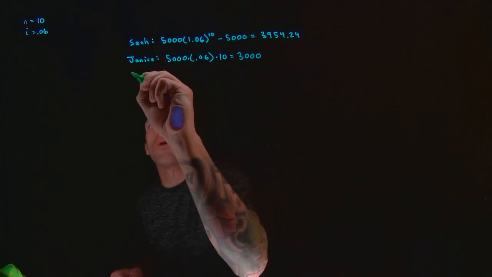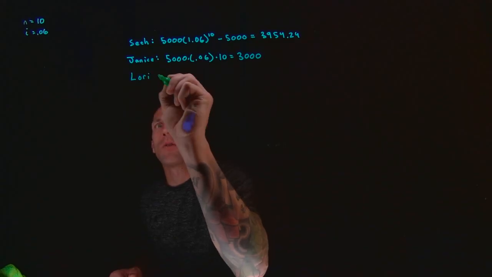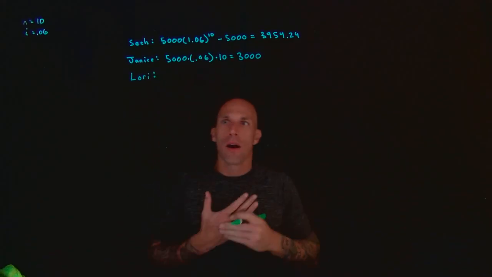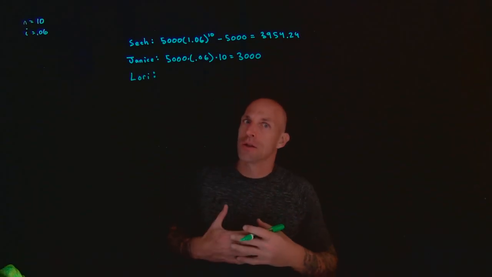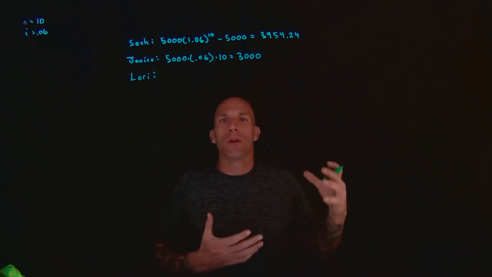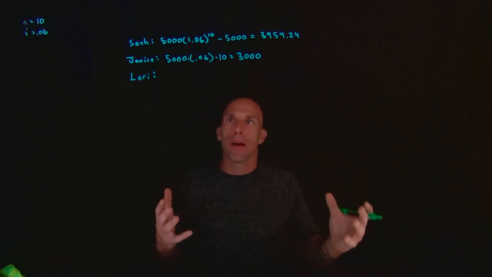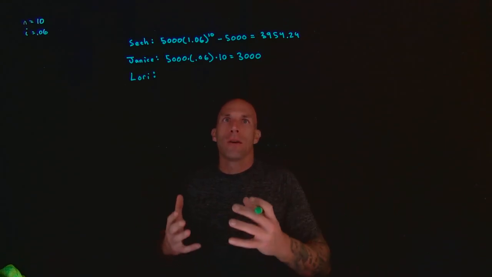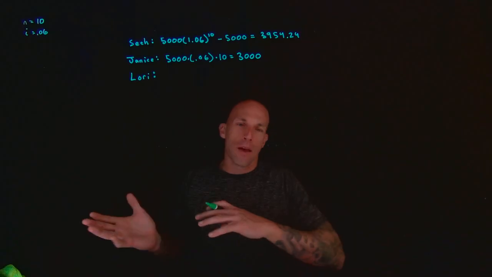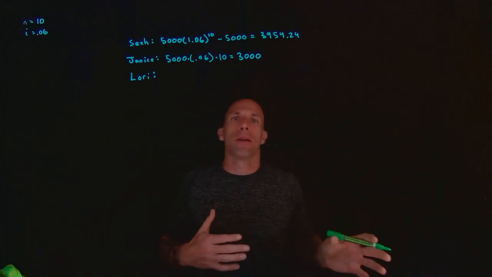And lastly is Lori. And for Lori, we have to get a little bit creative. Lori, she does the right thing. She does the most cost-effective thing. She makes level payments, 10 level payments of the same amount, so that there's nothing left to pay off at the very end.